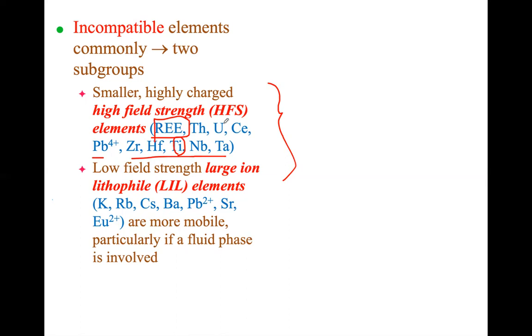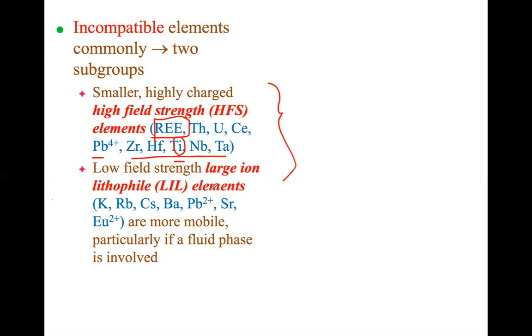So therefore it goes away from the trace element definition, right? It comes greater than 1 weight percent. So in that case, you can eliminate titanium, but in some situations, you can take it as a trace element also, right? But anyway, its behavior is similar to a high field strength element. So therefore, irrespective of its concentration, it can be taken into the HFSE group.